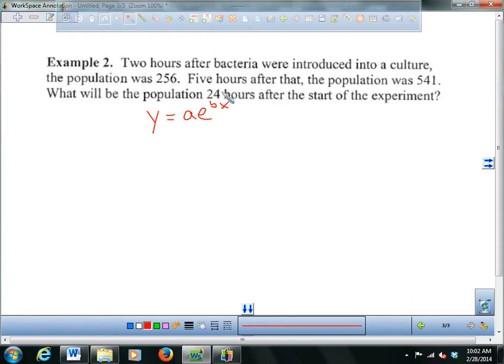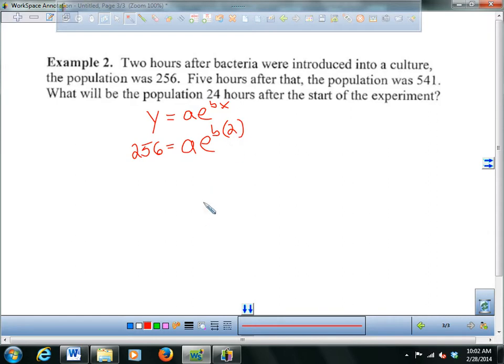All right? So it said 2 hours after the bacteria was introduced in the culture, the population was 256. So you're going to set up one equation, 256 equals A e to the b times x. You don't know what A is, and you don't know what b is, but you know x in this case is 2. Okay?